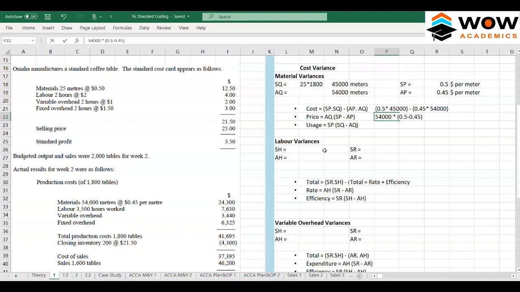Then usage, it is SP into SQ minus AQ. So SQ is 45,000 meters minus 54,000 meters. We can find out the answers for these.